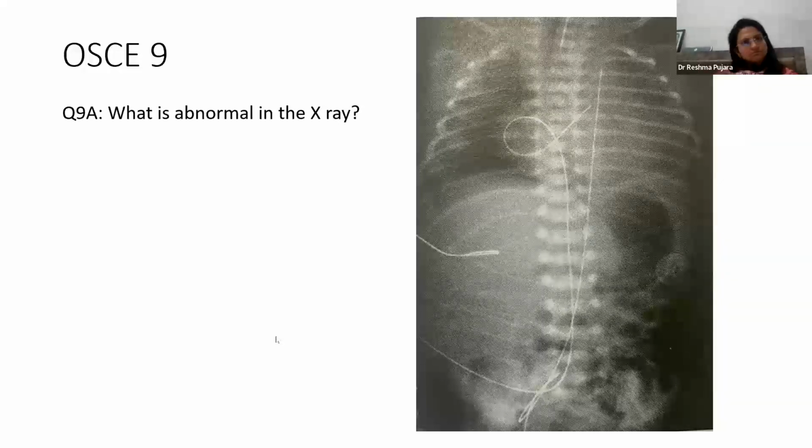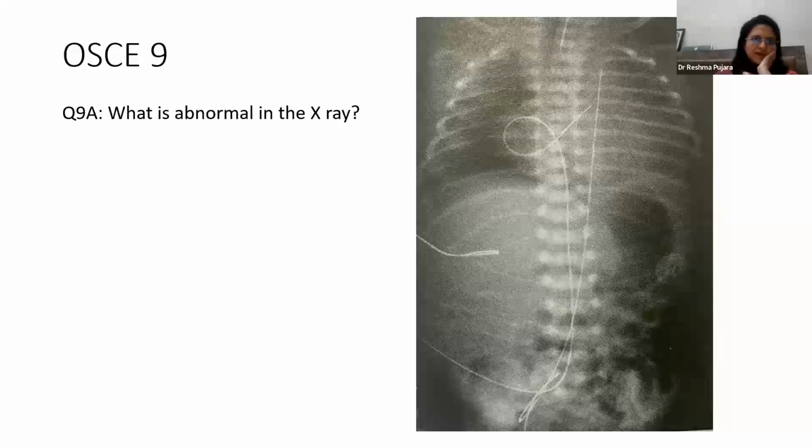What level? Which one is UVC and which one is UAC? Can somebody say? Cardiomegaly? Loop is UVC. Okay. And at what level UAC is? Cord one is UAC. Okay. And UAC at T2. Good. Very good.